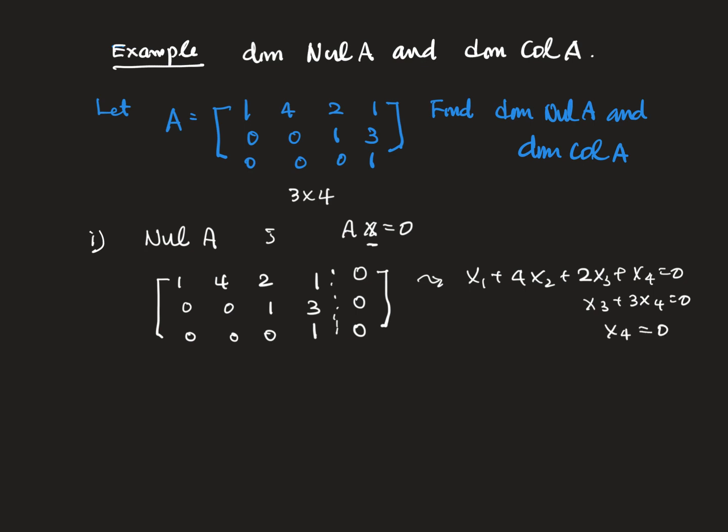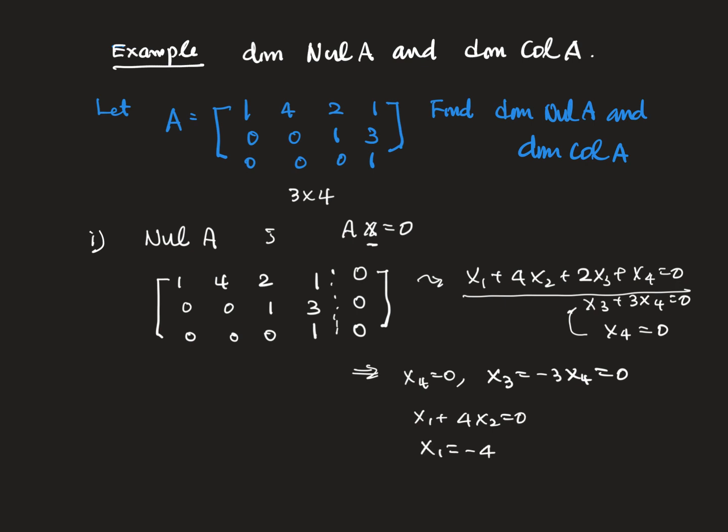So x4 equals 0, which means x3 is negative 3x4, and that's going to be 0. But how many free variables are there? So x1, 4x2 equals 0, meaning x1 is negative 4x2.